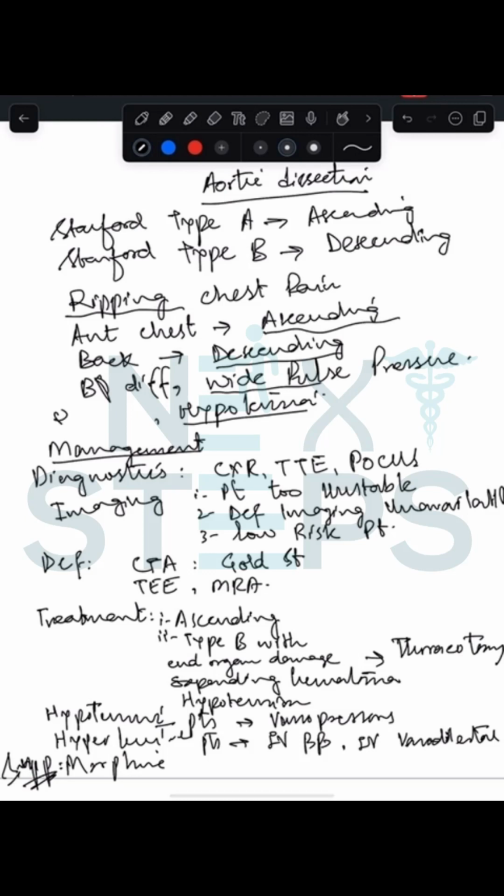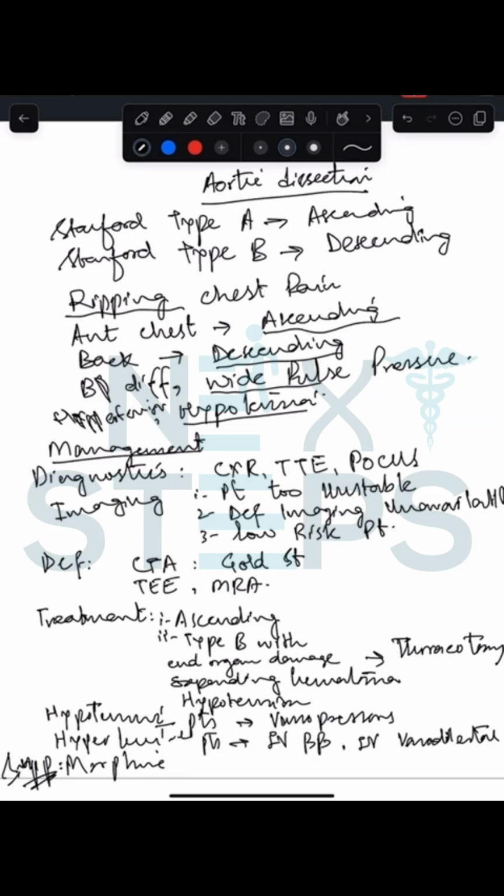Hypotension would be due to blood loss or shock, and hypertension, as you all know, can be due to the pain or some underlying hypertensive disorder. So keep these things in mind whenever a case of aortic dissection comes into the exam.